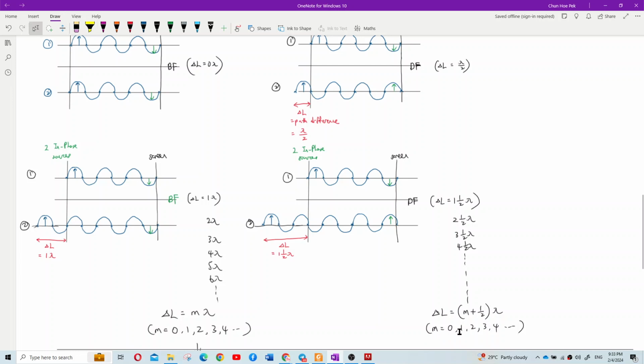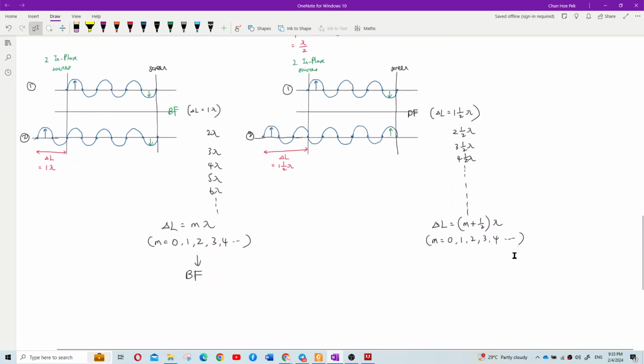So m must start from 0 and then 1, 2, 3, 4. That means delta L equals m plus half lambda, where m starts from 0, 1, 2, 3, 4.